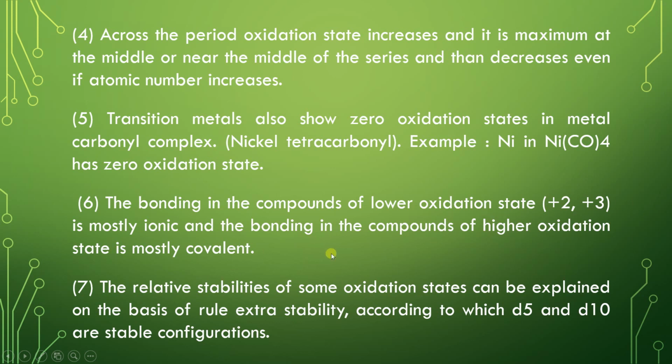Higher oxidation results in covalent nature and lower oxidation results in ionic nature. The relative stabilities of some oxidation states can be explained on the basis of the extra stability, according to which d5 and d10 are stable configurations. That is, half-filled and completely filled orbitals are more stable.